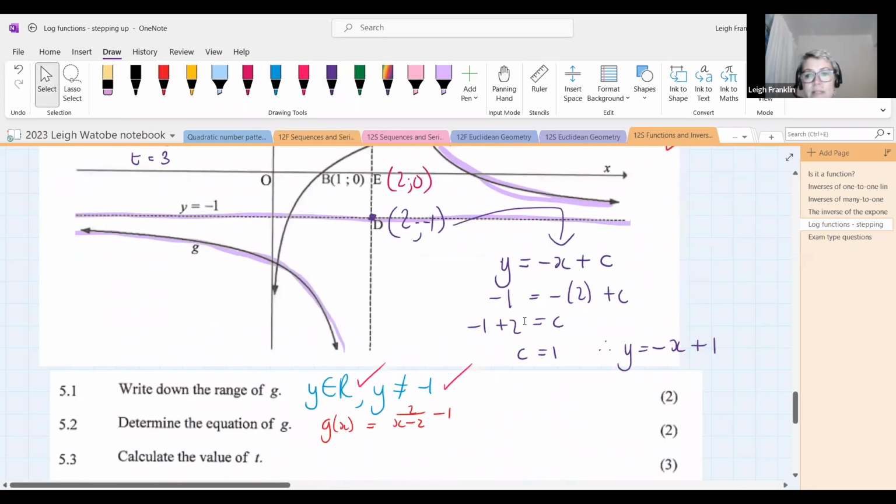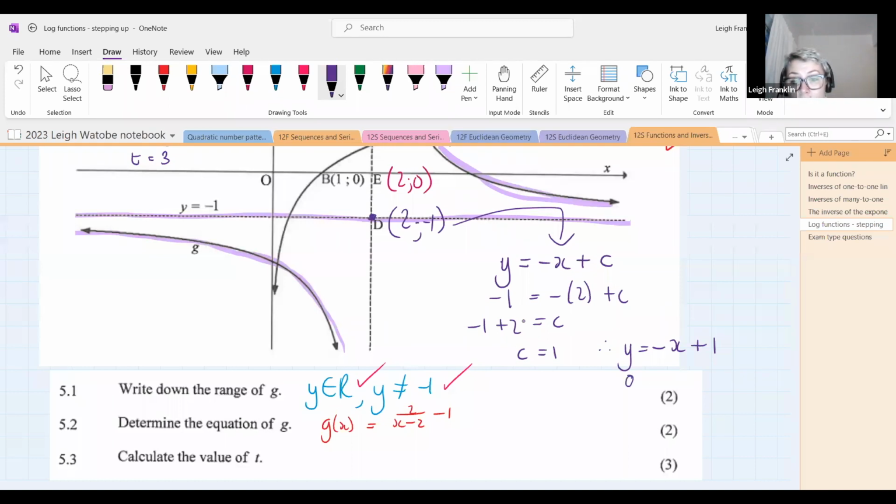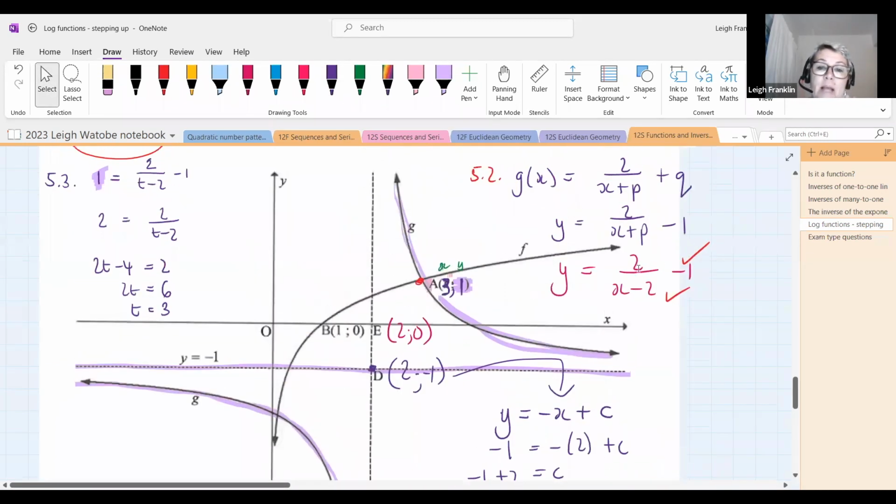What is the x-intercept of this particular graph? If we wanted to work out its x-intercept, we would have to let y be equal to 0. Take the x over to the other side. So positive x would be equal to 1. That means that our axis of symmetry has the same x-intercept as our log function.